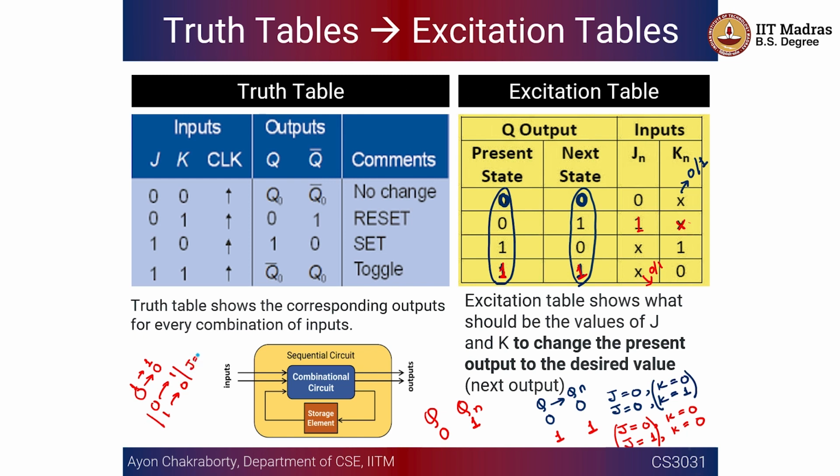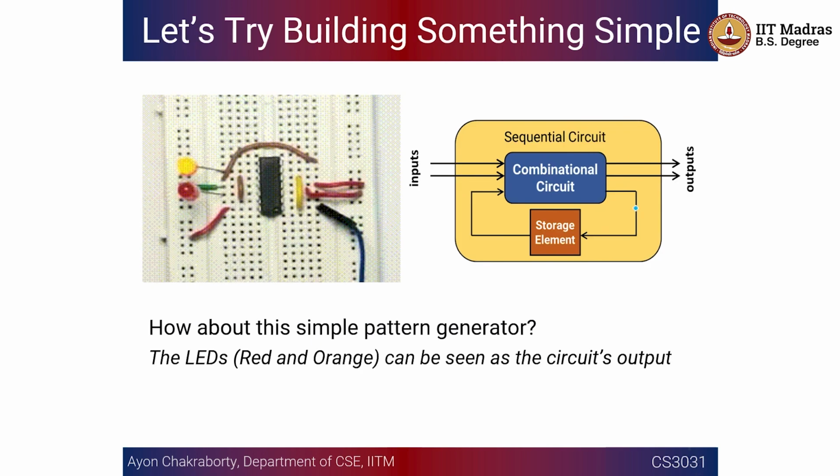If you put j equal to 1 and k equal to 1, this will absolutely be fine. Just that if you consider these don't cares, depending on whether you want to go from 0 to 1 or 1 to 0, x is sometimes going to make your life easier. Okay, so this is what is meant by excitation table.